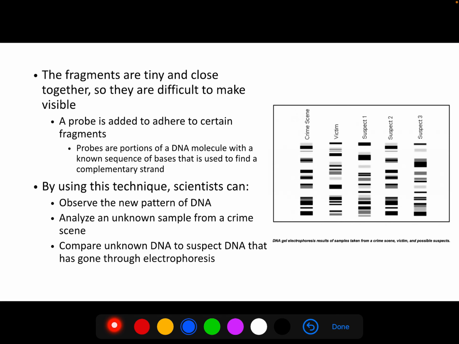And if we look at crime scene and suspect 2, those are identical, so they would be from the same person. If this was a paternity case and we had the mother and then all the possible fathers, we would look at which markers match the mother, and then we would look at the possible fathers to see which other bands match the kids' bands.